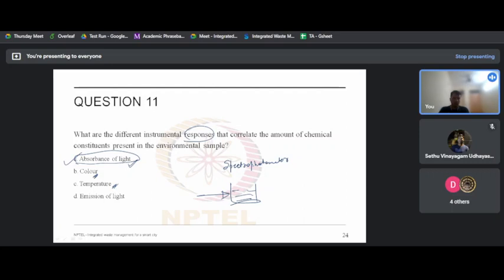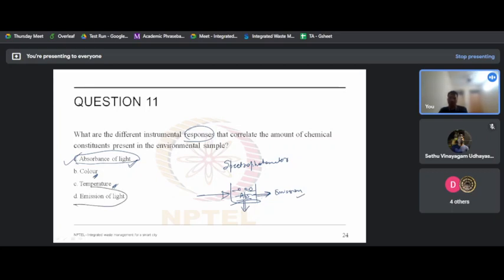Due to its color and inherent nature of the waste, some will be absorbed in the waste itself and some will be emitted further. So depending upon what waste components absorb the light, we can analyze for them. And depending upon what are the waste components which will reflect it, that would go into emission. So based on both the parameters, emission and absorbance, we can find required components in the waste.